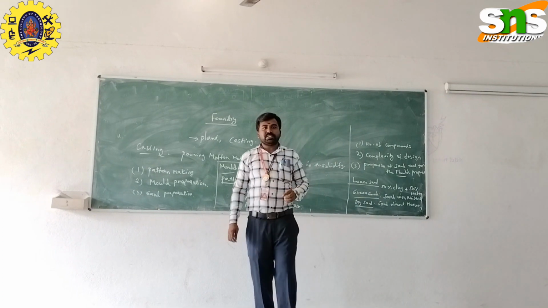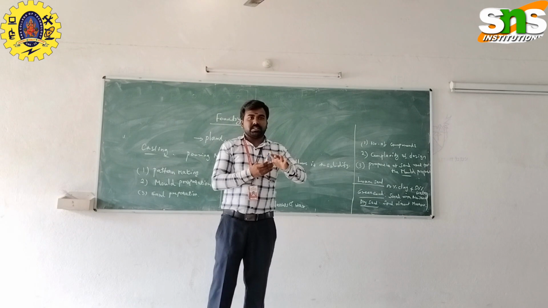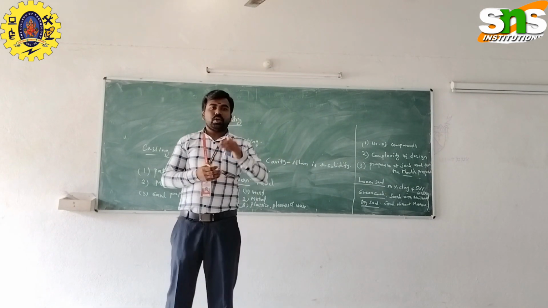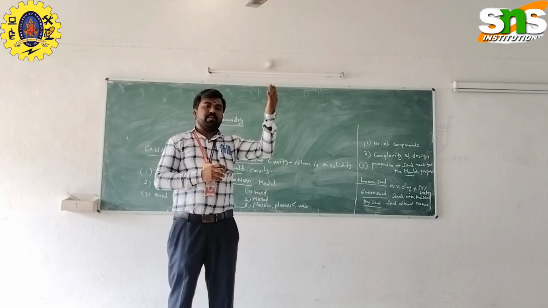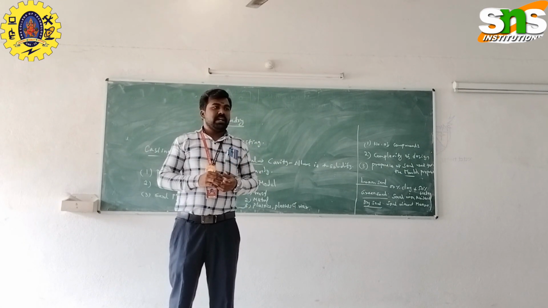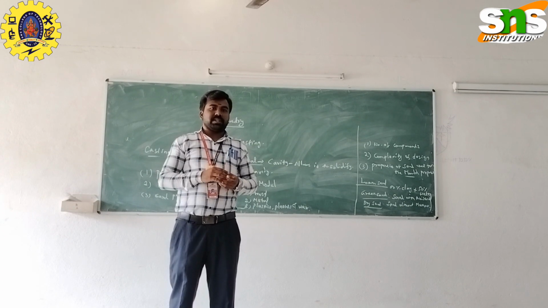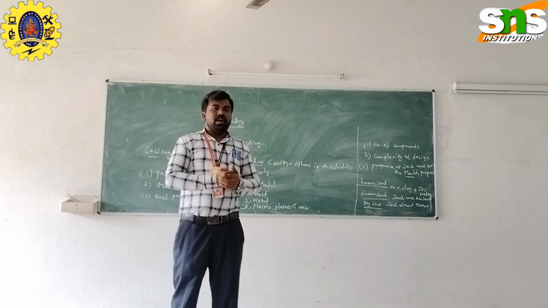And the parting sand is used for parting in the casting process. In the casting process, there are two parts of the molding flask. The upper portion is called the cope, and the bottom portion is called the drag. After the solidification process, by using parting sand, we can part the two layers of the molding flask.